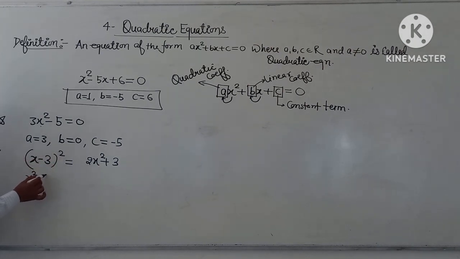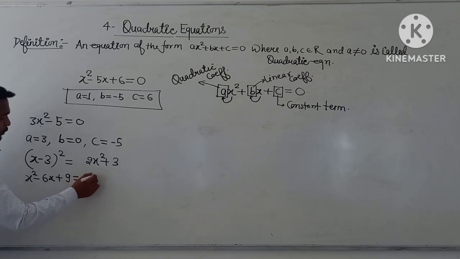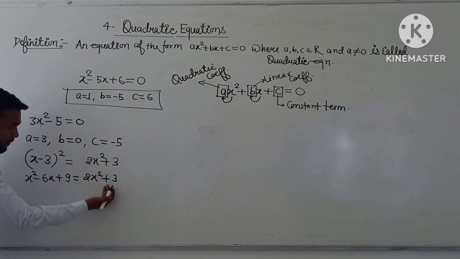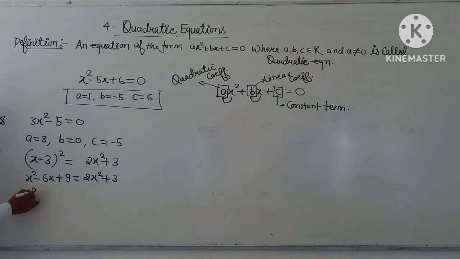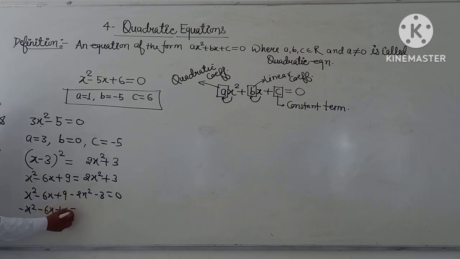So 2 into x into 3 is 6x, plus 3 square is 9, is equal to 2x square plus 3. Writing all terms from right to left, you will get x square minus 6x plus 9 minus 2x square minus 3 is equal to 0. So x square minus 2x square is minus x square, minus 6x, plus 9 minus 3 is plus 6, is equal to 0.